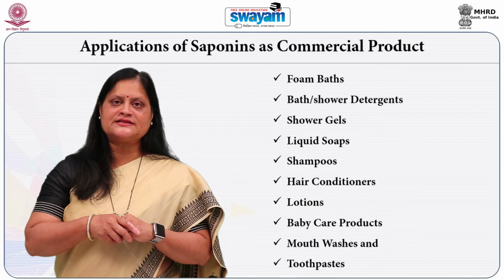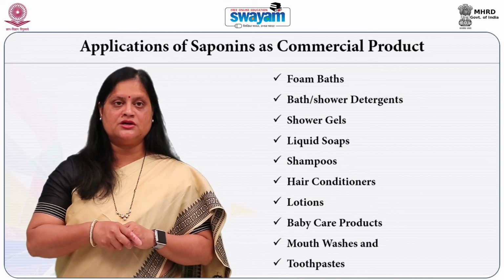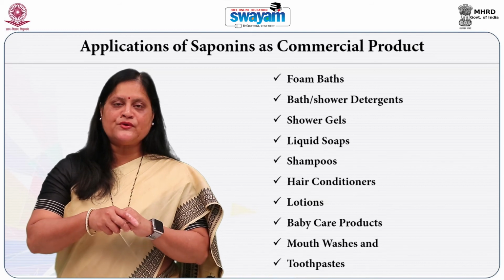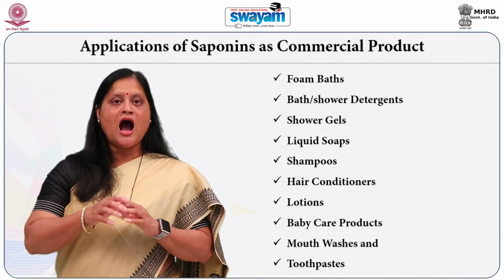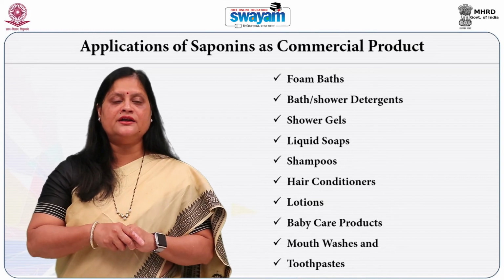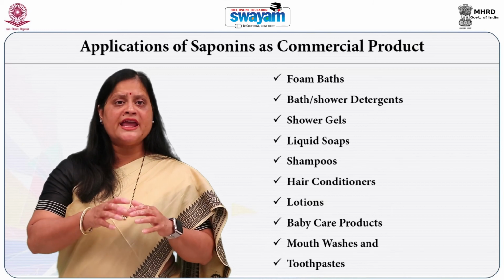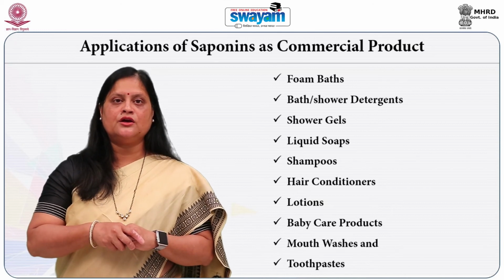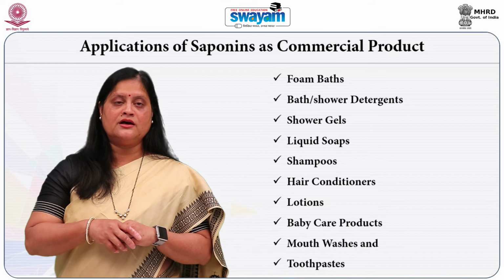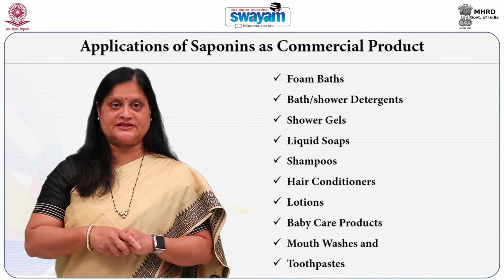Horse chestnut saponins have been applied in cosmetic preparation. Saponins and sapogenins are also formulated as bioactive ingredients in the cosmetic market with the claims to delay the aging process of skin. Quillaja terpenoid saponins prevent acne and sebum manifestation.